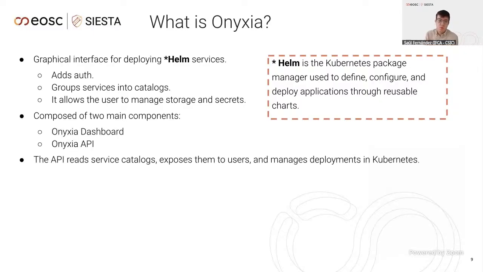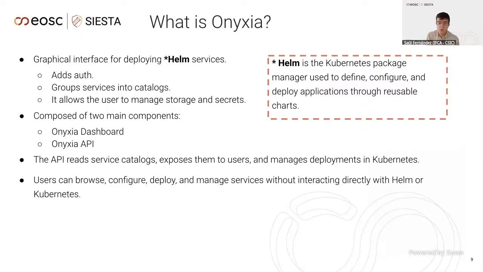As we have seen, it's composed of two main components, which are the Onyxia dashboard and Onyxia API. The API reads the service catalogs that are hosted on GitLab, exposes those services to the users, and manages the deployment lifecycle inside the Kubernetes cluster. So in this way, users can browse, configure, deploy, and manage services without interacting directly with Helm or Kubernetes.